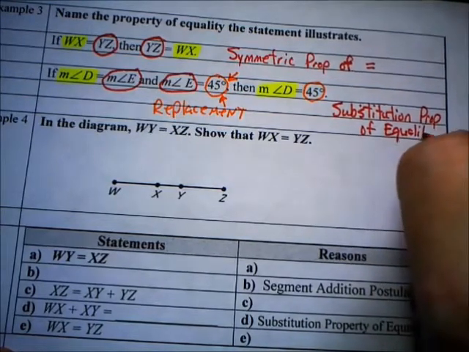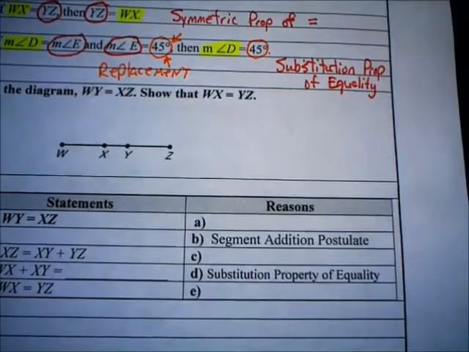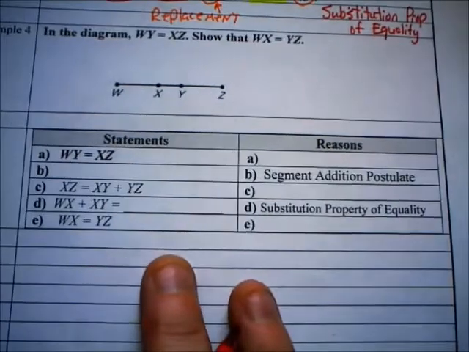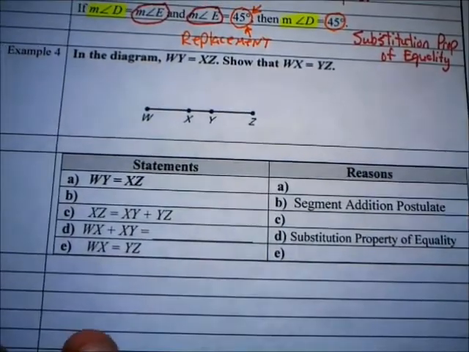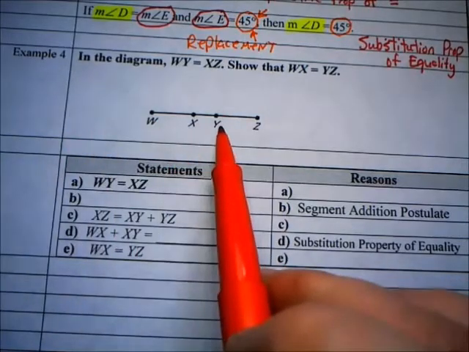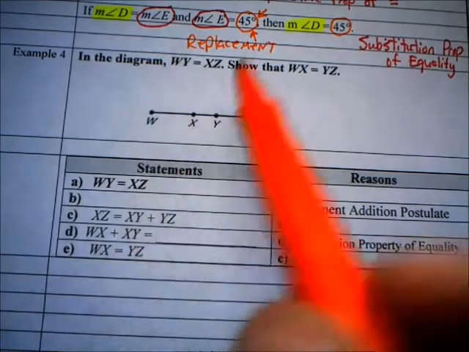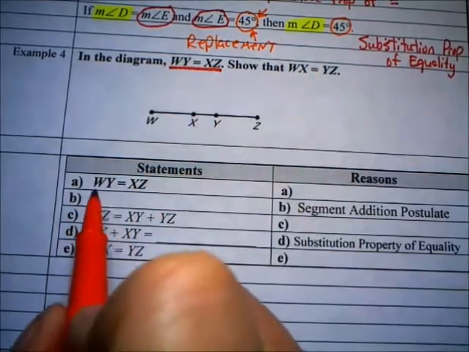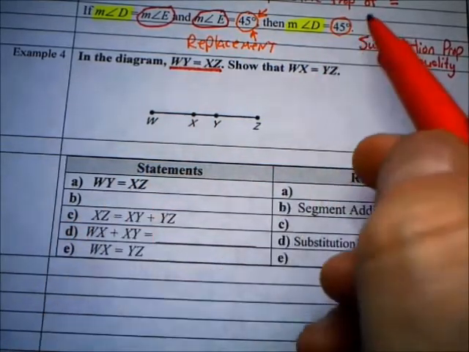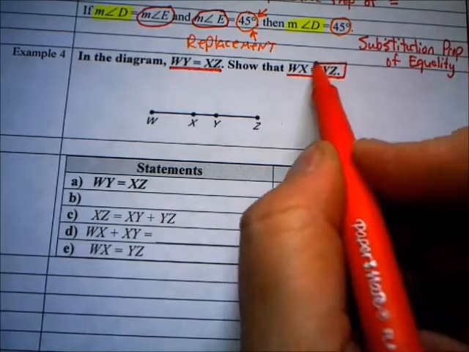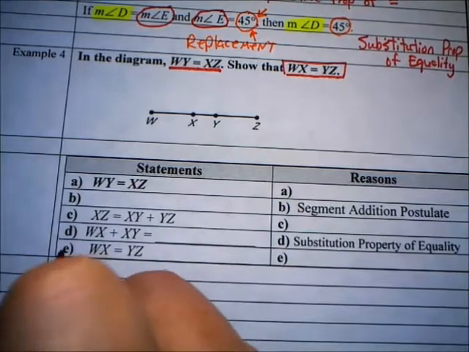Okay, substitution property of equality. Alright, on our last example here, example 4, here's a segment given to you, and up here at the top it says that WY is equal to XZ, which is here on my first line. We're trying to show that WX is equal to YZ, which is my last step down here.